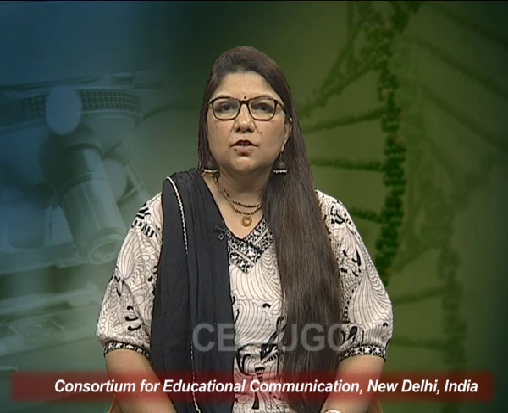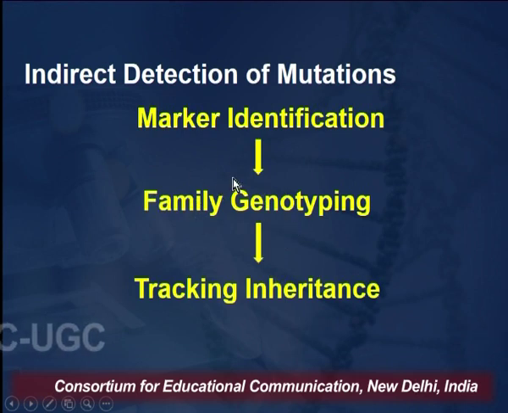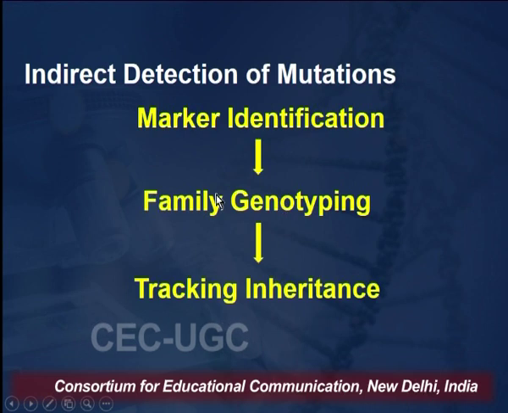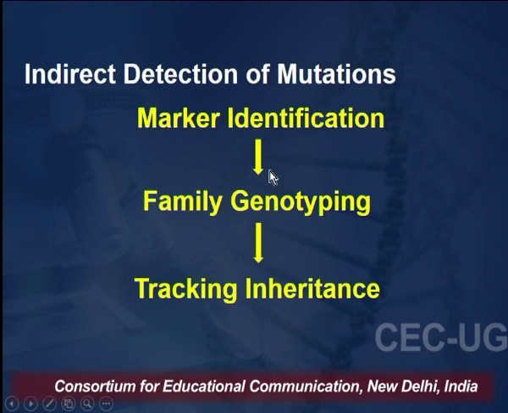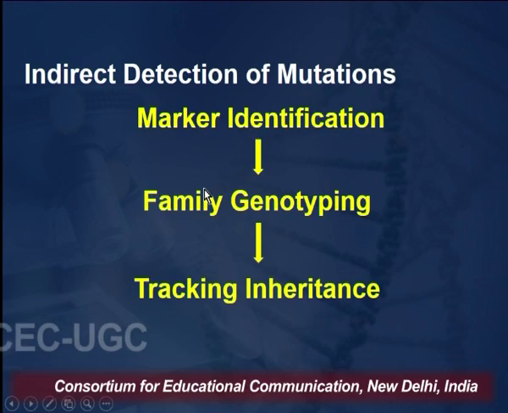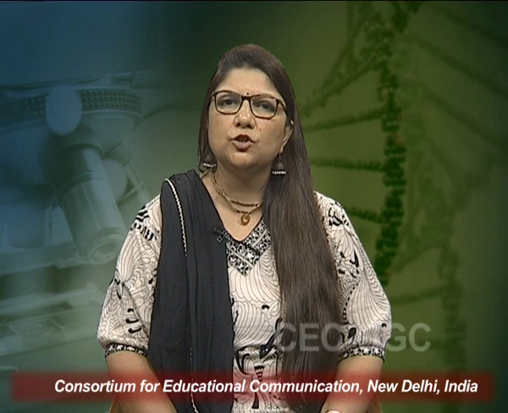Then the next step is the family genotyping. Again in this indirect detection mechanism, we need to have the family. We need to identify more people so that we can ascertain the polymorphic nature of that particular marker, and then what is the manifestation of that particular disease based on the polymorphism in the marker. So, we need to genotype the family.